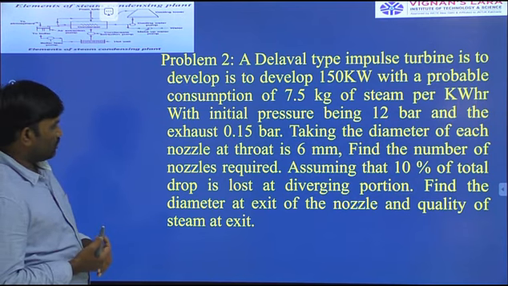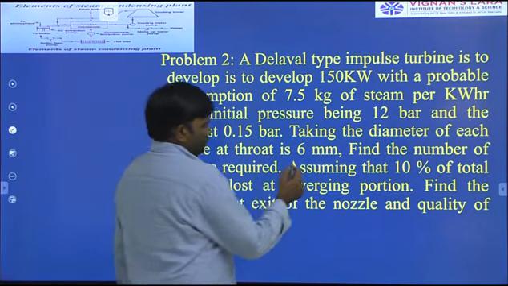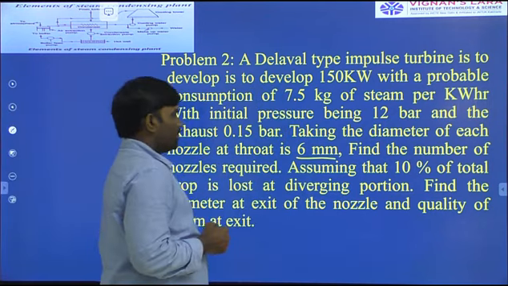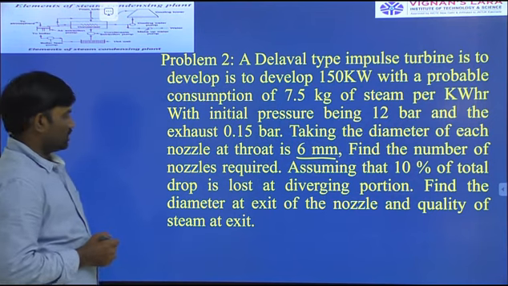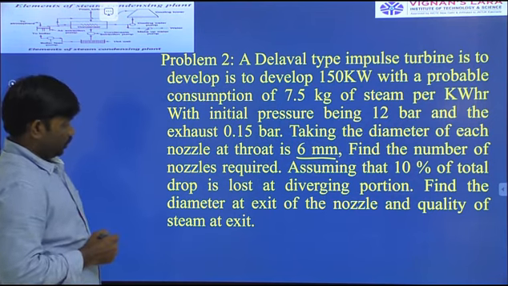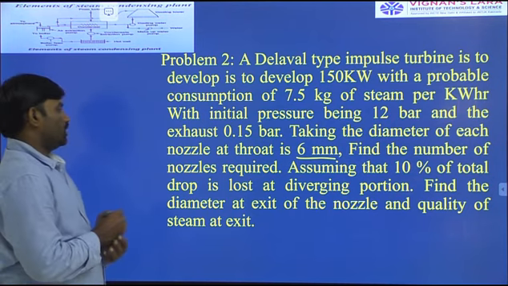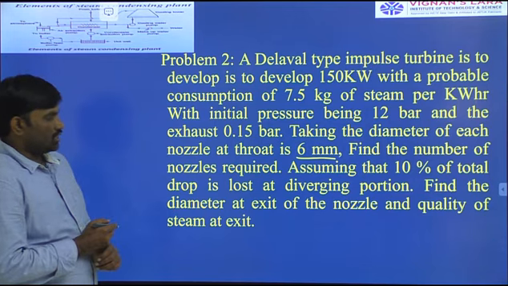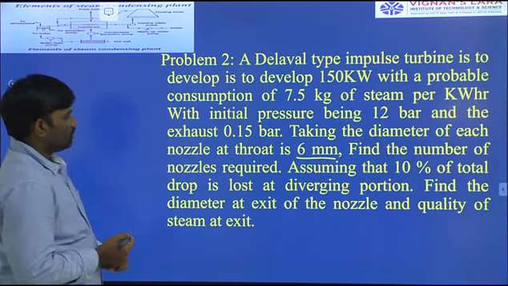Taking the diameter of each nozzle at throat as 6 mm, find the number of nozzles required. Assuming that 10% of total drop is lost at the diverging portion, find the diameter at exit of the nozzle and quality of steam at exit.